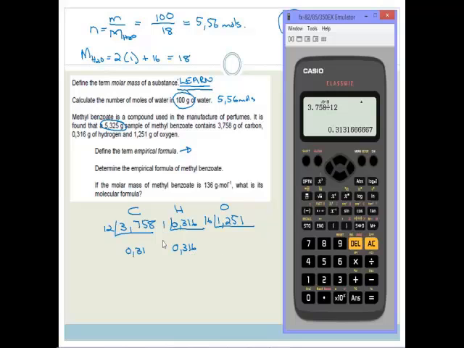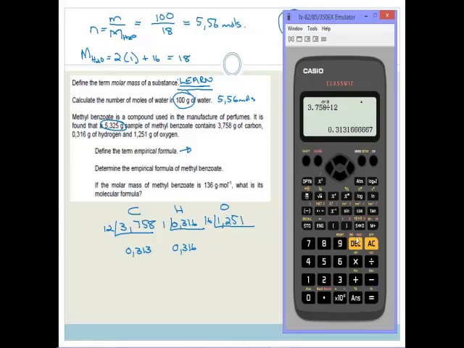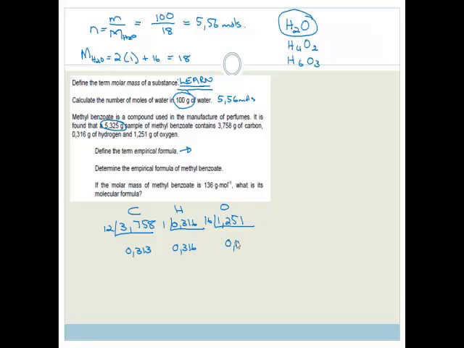Oh, 0.313. Okay, this is 0.313. And oxygen, we're going to divide by 16. So it is going to be 1.251 divided by 16, which is 0.078.